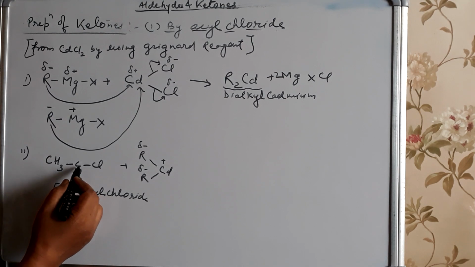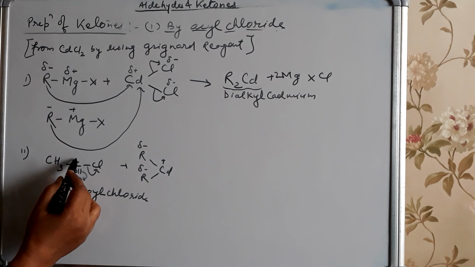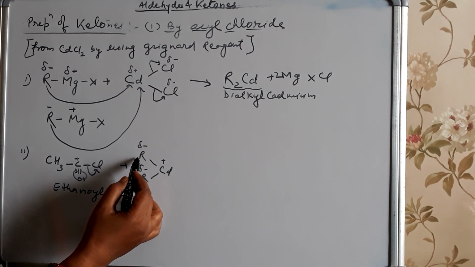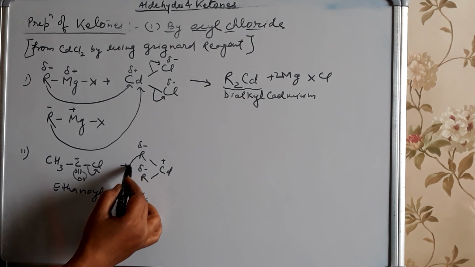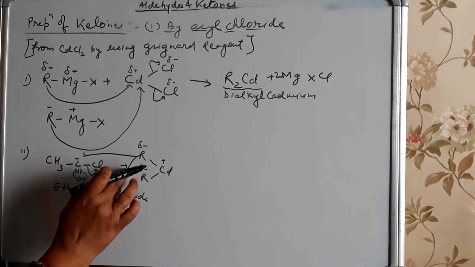And we know that pi electrons here are present with oxygen. Oxygen is more electronegative. At first, pi electron shifted towards this, and when it comes here, this is the good leaving group, removed from here. In that condition, carbon acquires positive charge. So quickly the alkyl group attacks at this position.